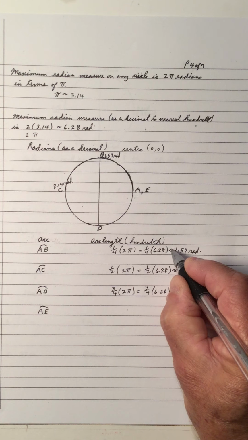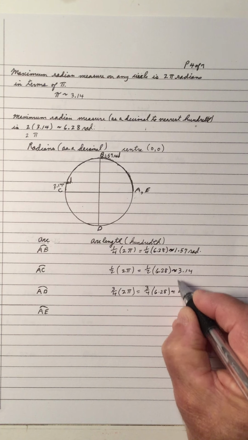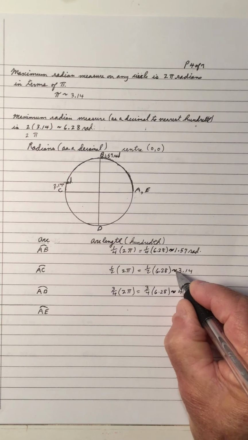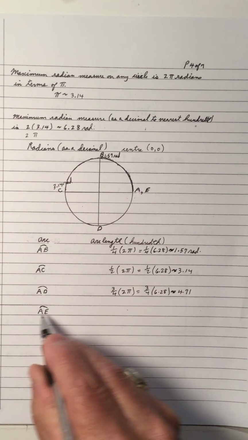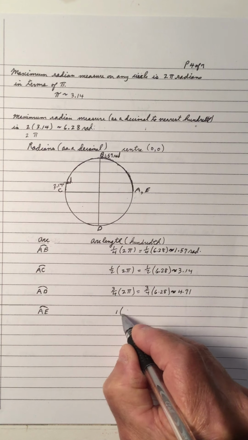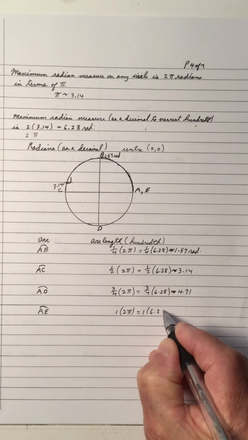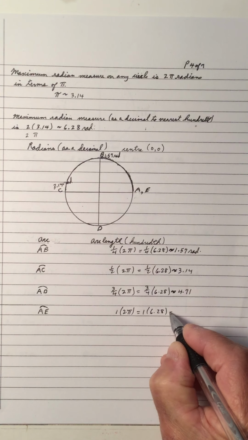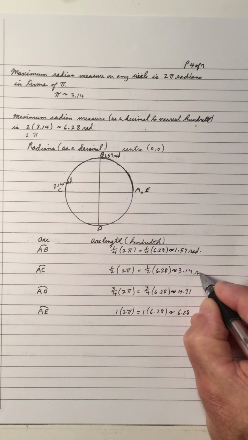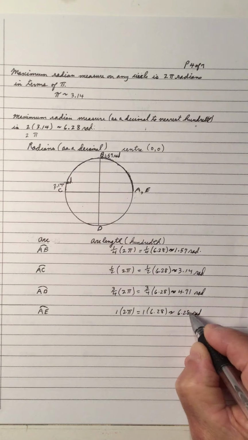Put a little wiggle like that, one wiggle, to say it's approximately, not really equal. And AE is all the way around, so that's 1 times 2 pi, so that's 1 times 6.28, so that's again approximately 6.28, and I put radians in.